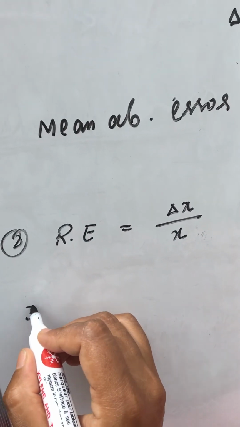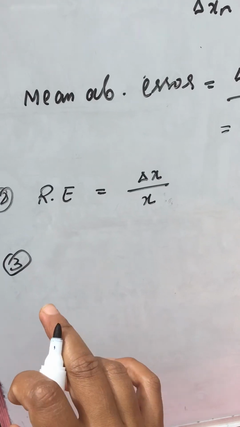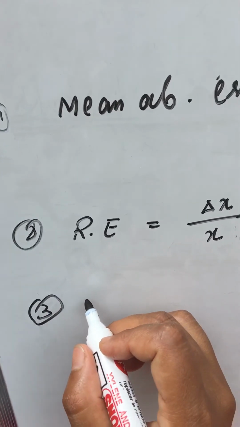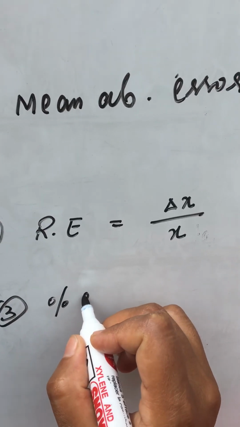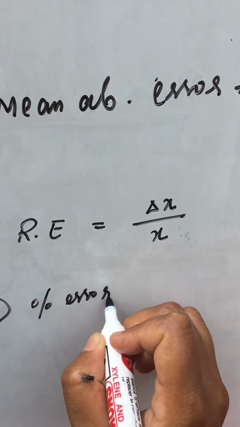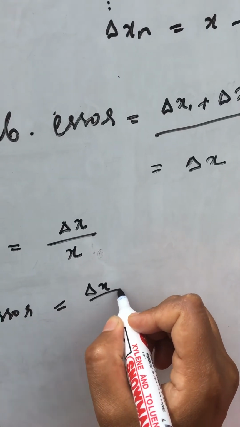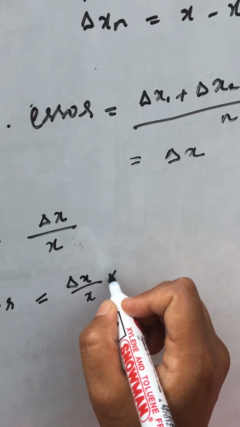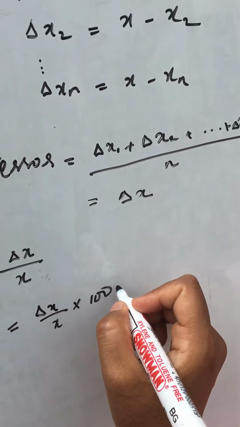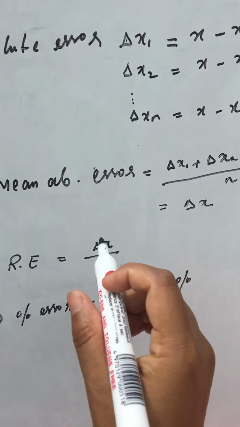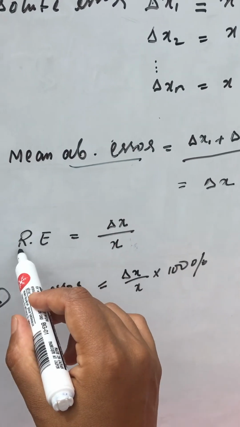The same thing we can have in the form of percentage, and this is percentage error: relative error multiplied by 100%. So error can be represented in the form of absolute, relative, and percentage.